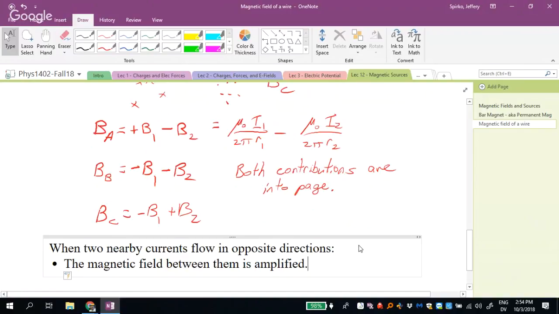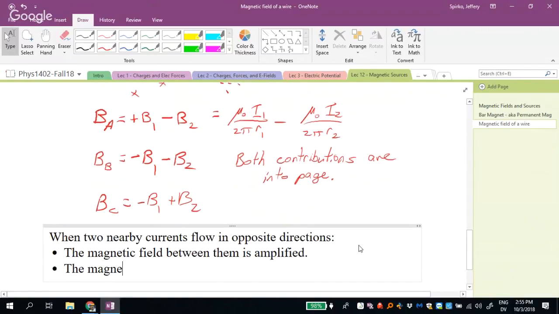In between the two wires, the magnetic field is amplified. It's a little bit stronger than either one by themselves. Fortunately, when we have two currents near each other, there's not much space in between them. And the magnetic field outside them is actually a little bit reduced.